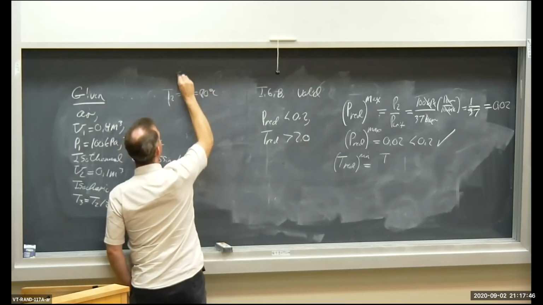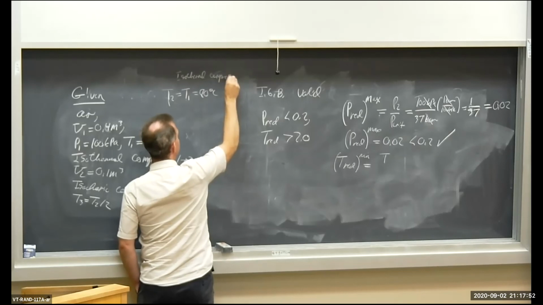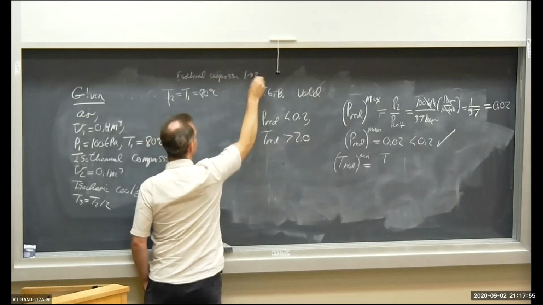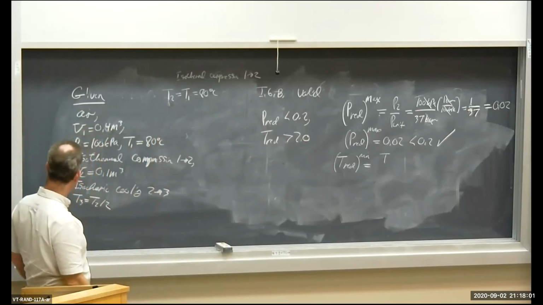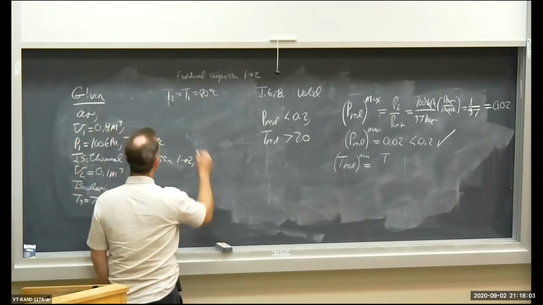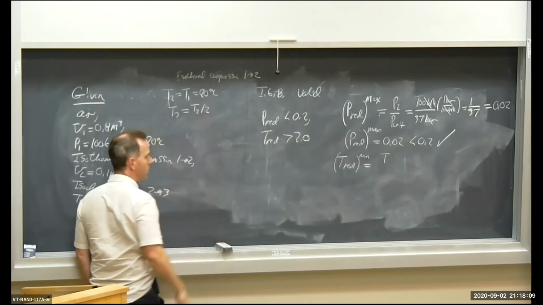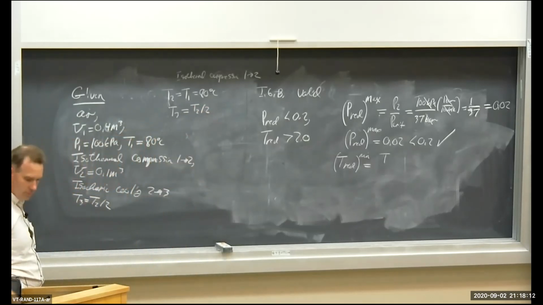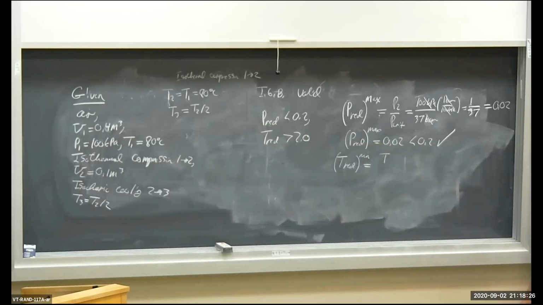Because it is isothermal compression from state 1 to state 2. And then I know that T3 is a cooling process where T3 is equal to T2 over 2. So temperature falls by 50%. I'm going to interpret that as a 50% drop in centigrade.